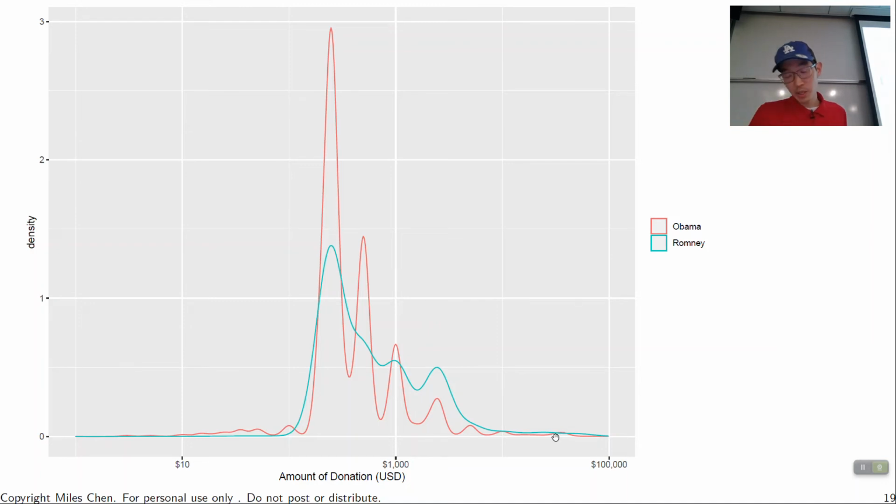I'm just eyeballing and guessing, and this is around 10,000. And again, it's hard to draw too much conclusion from this part of the graphic, but basically, for individuals who donate huge amounts, there's not too much, although the blue line is a little bit taller than the red line here, okay?